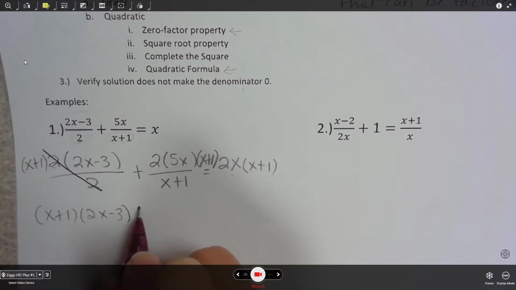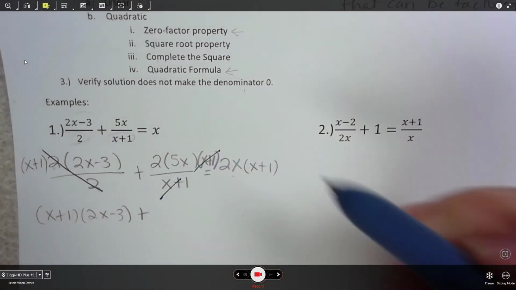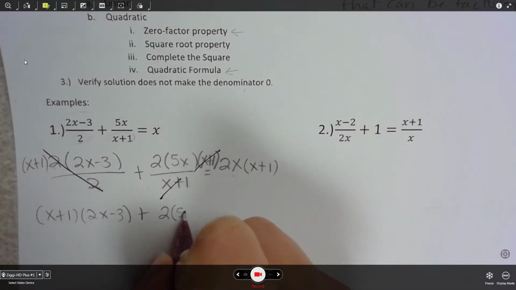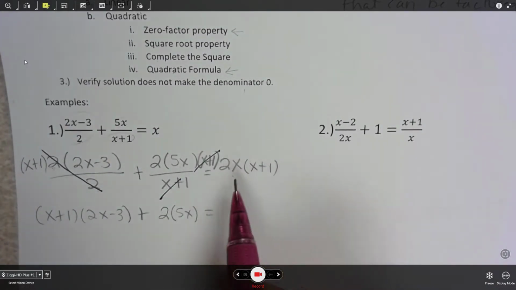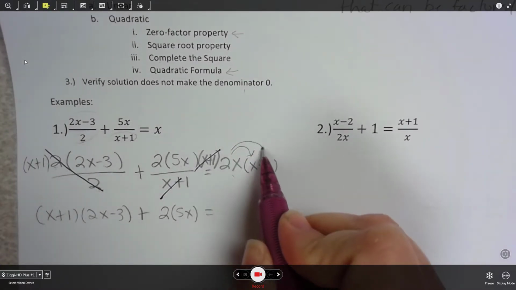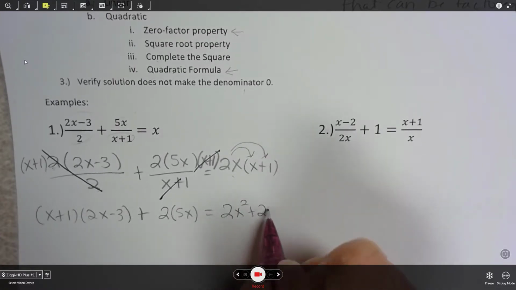Then I'm going to add to that. This x plus 1 and this x plus 1 will cancel each other out, and I'm left with 2 times 5x. Then here there's nothing to cancel out, so I'm just going to distribute that 2x in there to get 2x squared plus 2x.